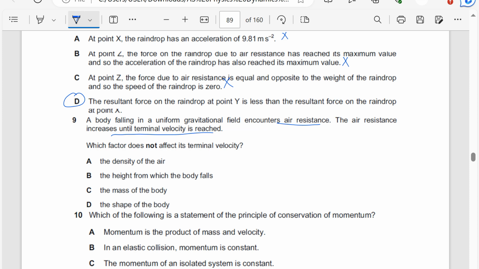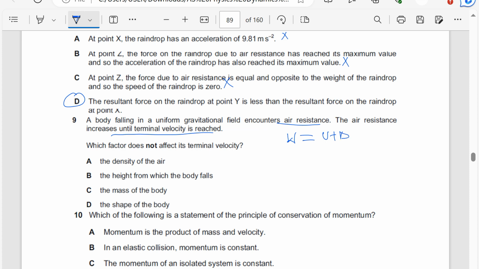we know that when a body is falling, at terminal velocity, the weight is vertically downwards, and because the body is falling, the air resistance is upwards. So the weight downwards is going to be equal to up thrust plus the air resistance or the drag force.